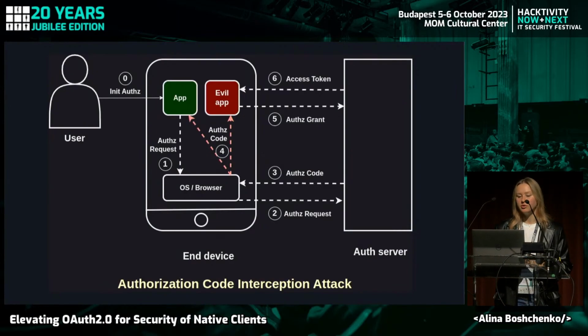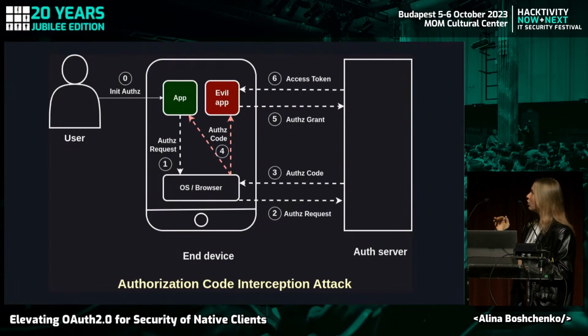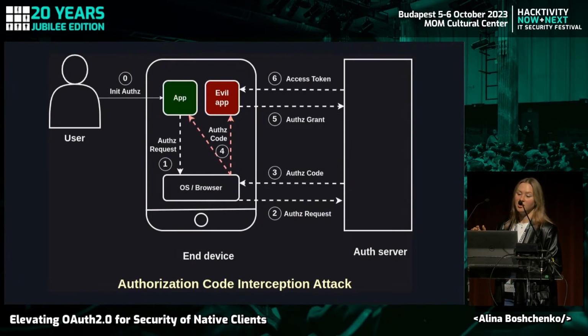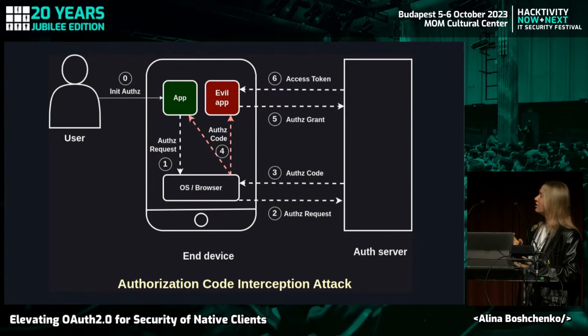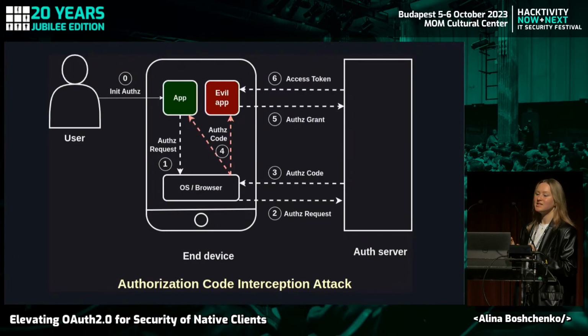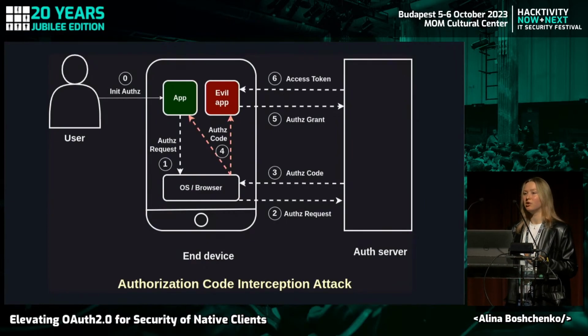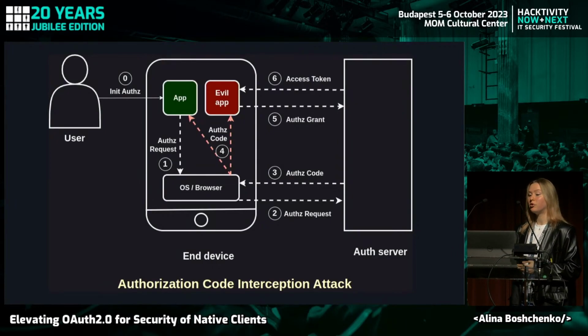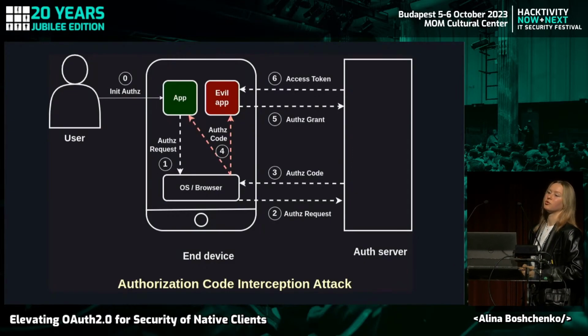And the OAuth code is forwarded to the application via the operating system or browser. But recall, we managed as an attacker to install this malicious app which registered the very same custom scheme. And in this case, if for some reason the priority of this application is higher than the good app's priority, then the authorization code will be forwarded to this application. And we can easily get the access token.